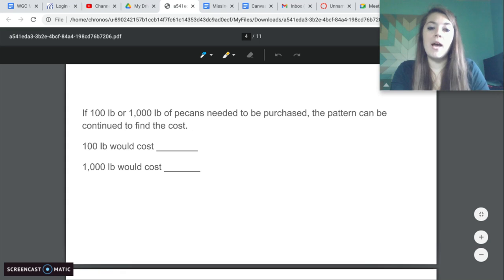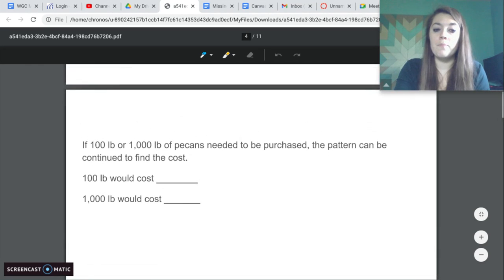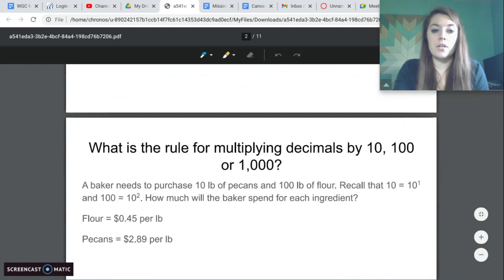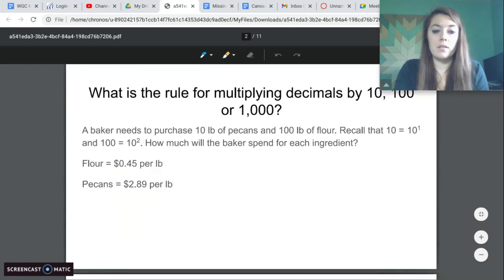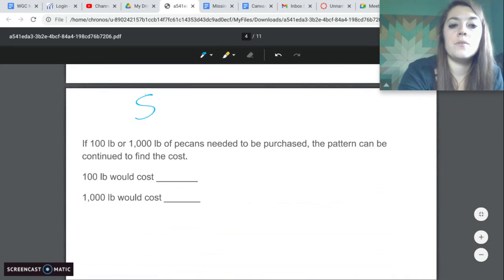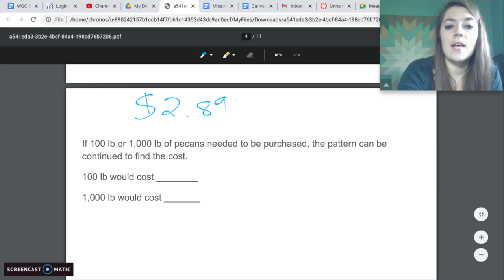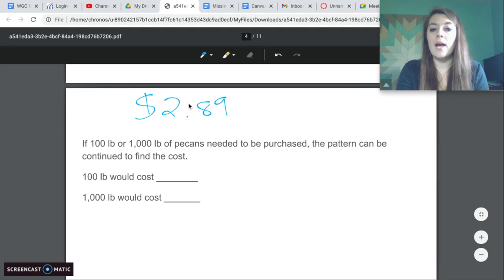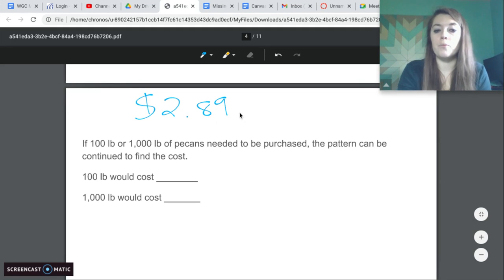So if 100 pounds or 1,000 pounds of pecans needed to be purchased, the pattern can be continued to find the cost. Let me double check what the pecan value was. Pecans were $2.89. So if we multiply it by 100, it moves our decimal 2 places.